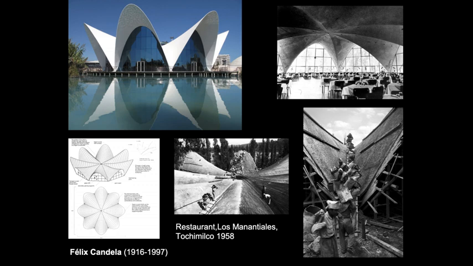So the shell does not only cover the function of the roof and the wall, but also includes the columns. So the shell has just a few defined points where it touches the ground.